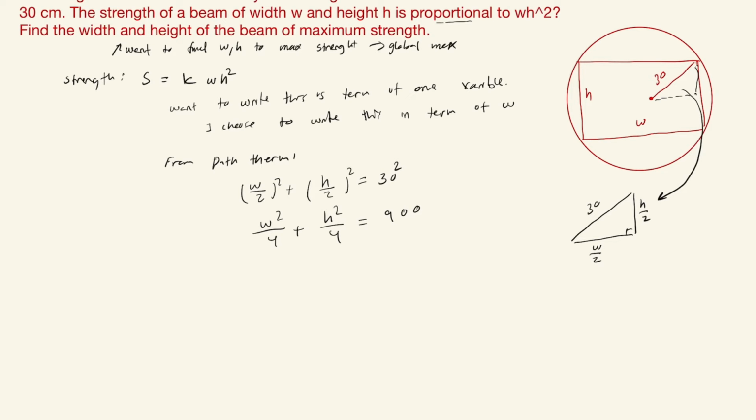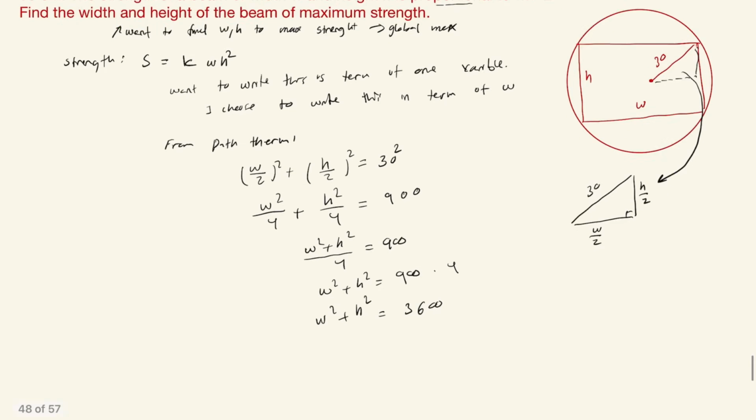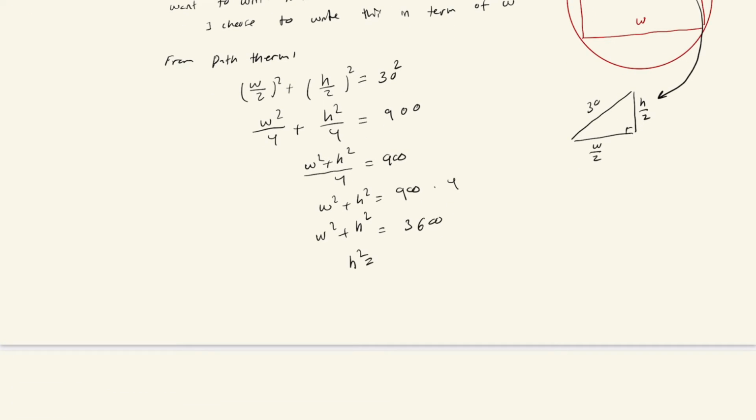Now my goal from this equation is to solve for H, so that I can write S in terms of W. Notice here H squared is going to be 3600 minus W squared, and if we take the square root, it's going to be positive and negative, but this is a length, so it's going to be positive. Length is always positive, not negative.